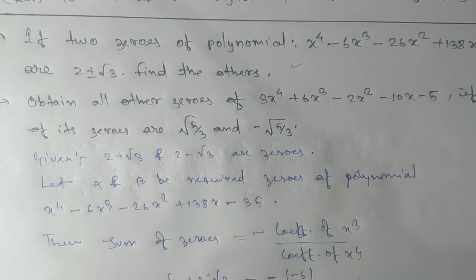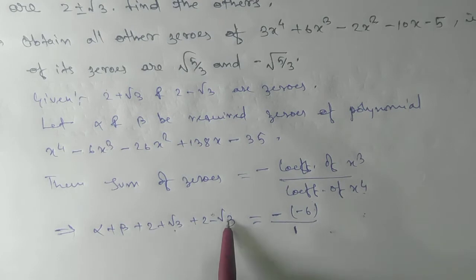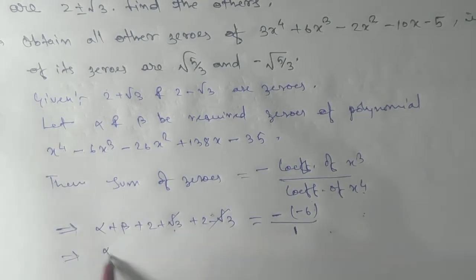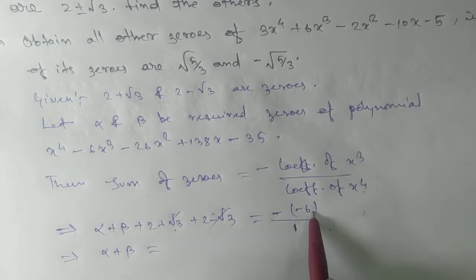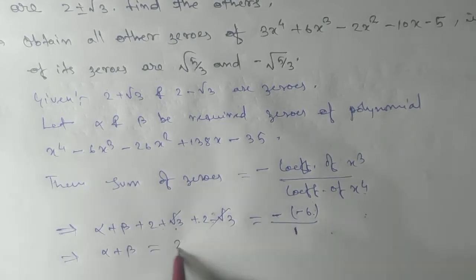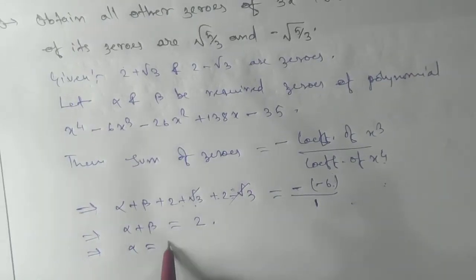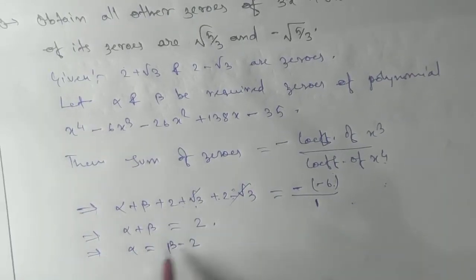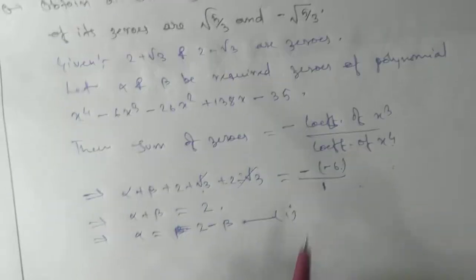Here minus root 3 and plus root 3 cancel each other, and we get alpha plus beta plus 4 equals 6. If we take this plus 4 to this side, it gives 2, and this implies alpha equals 2 minus beta. This is your number 1.